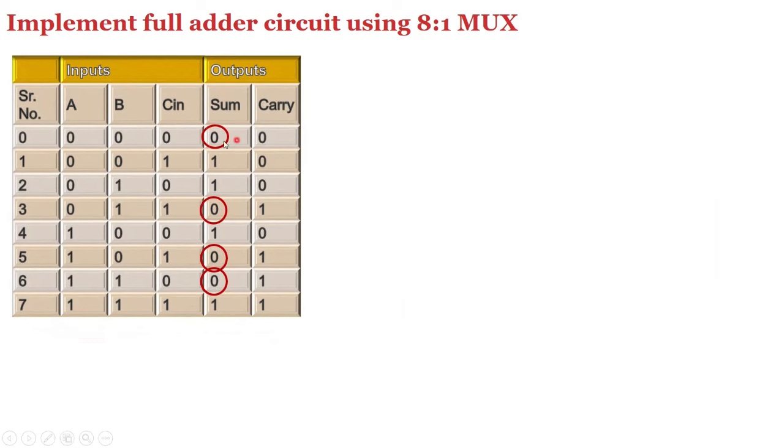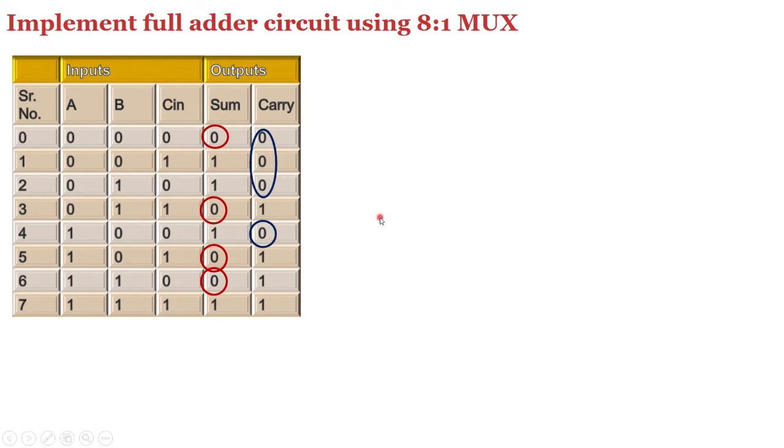That is logic 0. So these logic 0 min terms are in the rows 0, 3, 5, and 6. Similarly, instead of marking 1 in the column carry, we mark min terms which are 0. So that is rows 0, 1, 2, and 4.